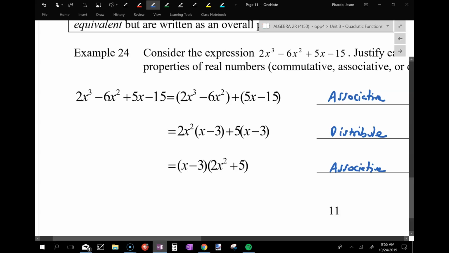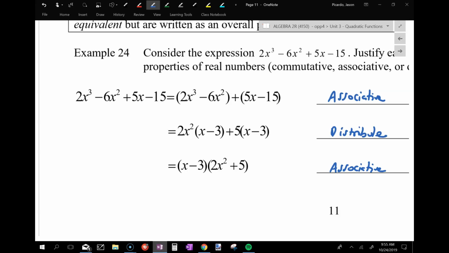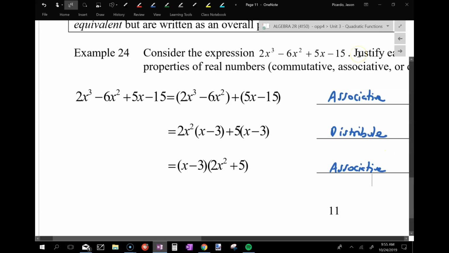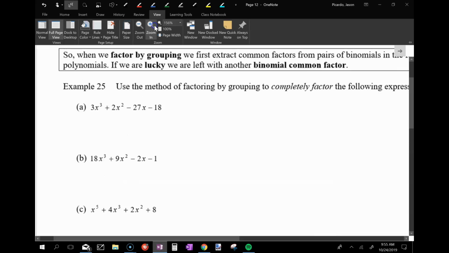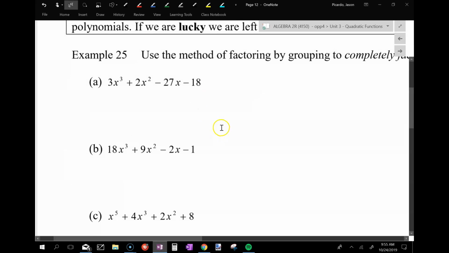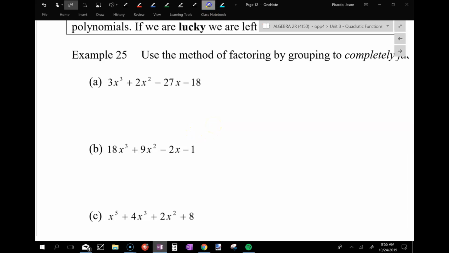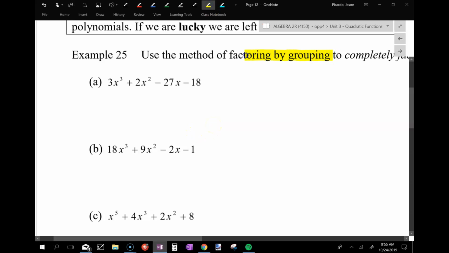All right, so why am I showing you this, guys? Why am I all of a sudden finding GCFs of 4 things, right? It's really, really, really gonna be a simple process. When you have 4 terms, you're gonna think about this method. And this method is called factoring by grouping.